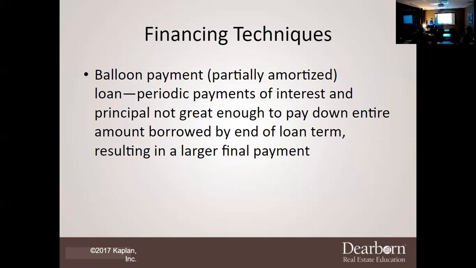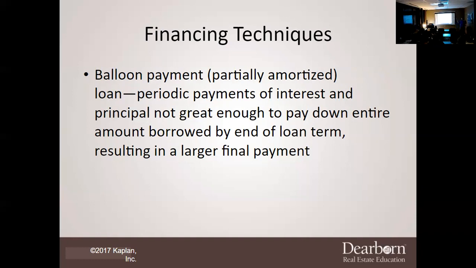No? So balloon payments are what we call partially amortized. And if you want to put this next to this word, when we talk about amortization, what we're talking about is how the payment is paid over the length. So if you're what's called fully amortized, it means that when you pay your last payment, you owe nothing. But if you're partially amortized, when you pay your last payment, guess what?